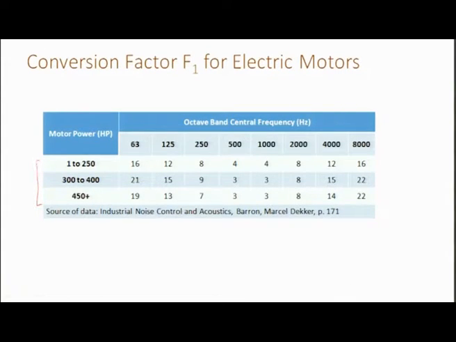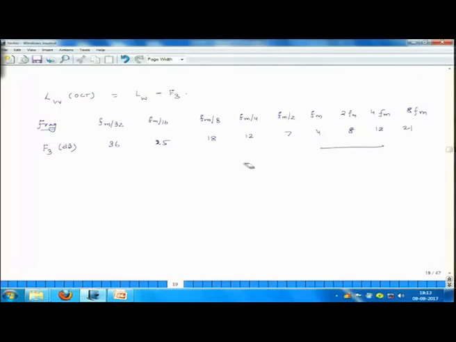The author is Barron, it is published by Marcel Dekker, and this table is from page 171, but from the same chapter I am citing all these data. So, this is important to remember. If you run into questions or if you want some more information, then it is worthwhile checking into this book. So, this is how we compute LW for each octave band.